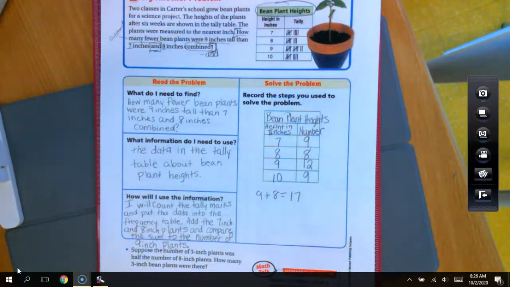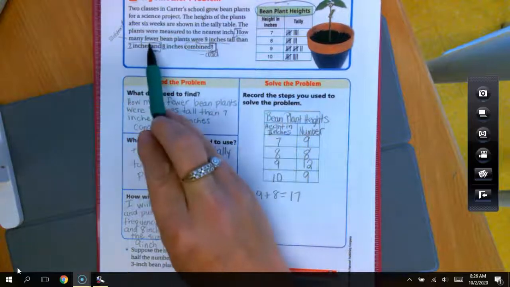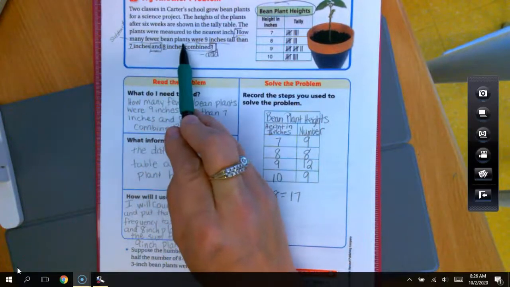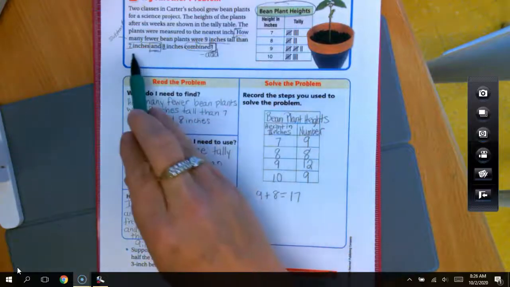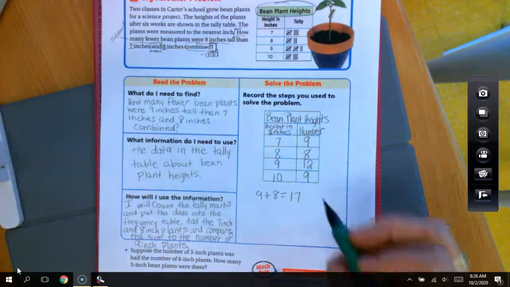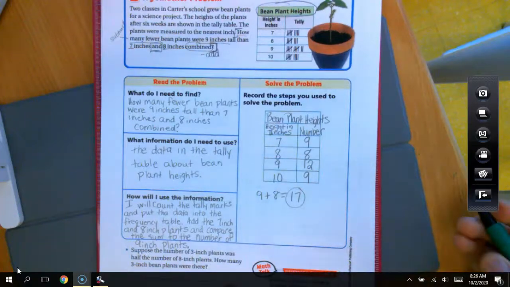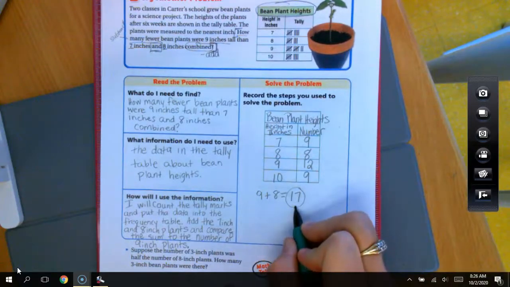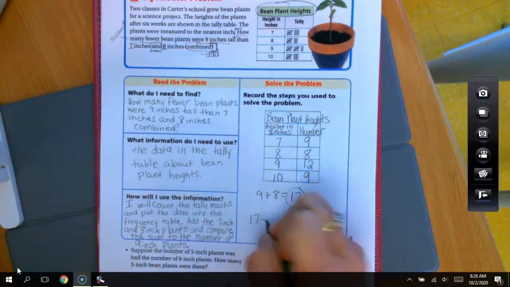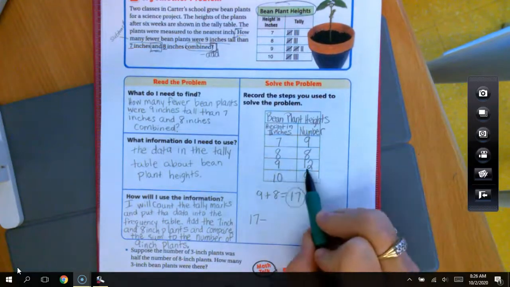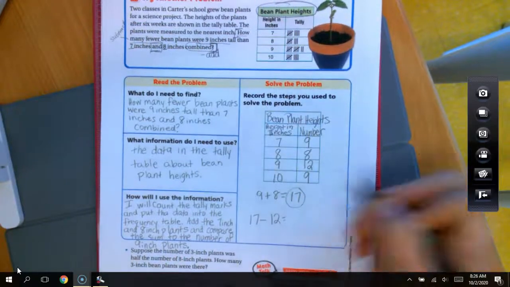17. I'm not finished because my question also says how many fewer bean plants were 9 inches tall than 7 inches and 8 inches combined. Well, I found my combined. Now I need to find how many fewer. So I got to take my answer, 17. Fewer means to subtract, and I need to go to my 12 equals.